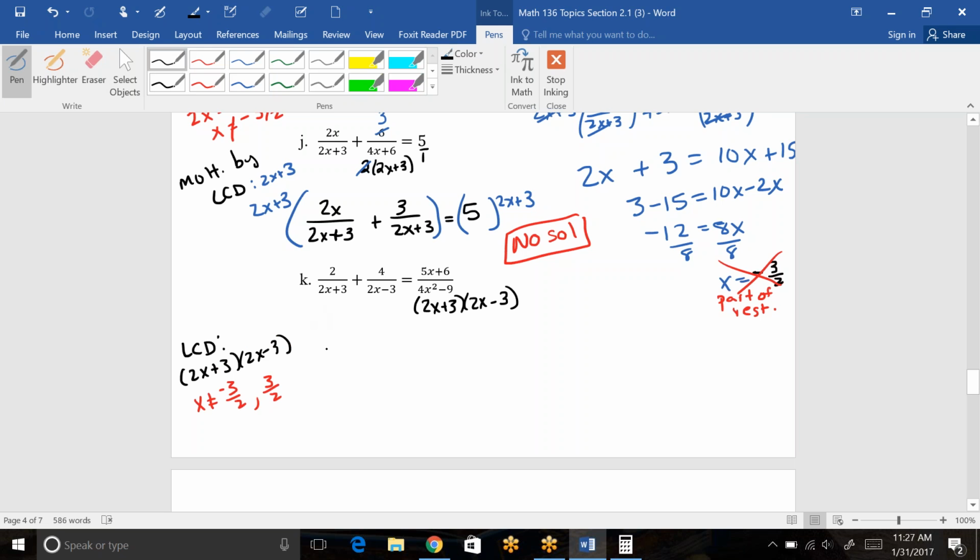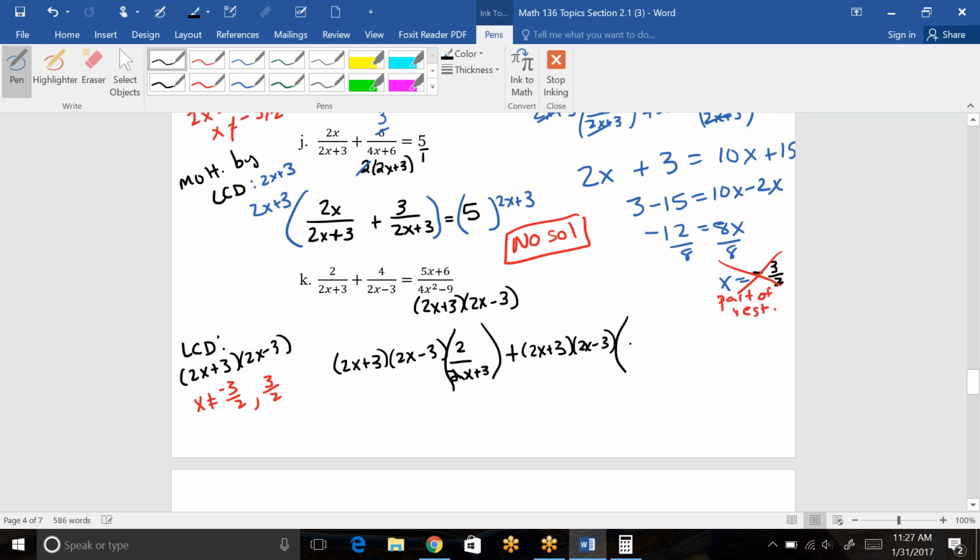All right, I'm going to use the LCD method again. So I'm going to write this out step by step. Take the LCD that you picked that represented all of your denominators, multiply it by each individual fraction in the problem on both sides. This is called clearing out the fraction with the LCD.